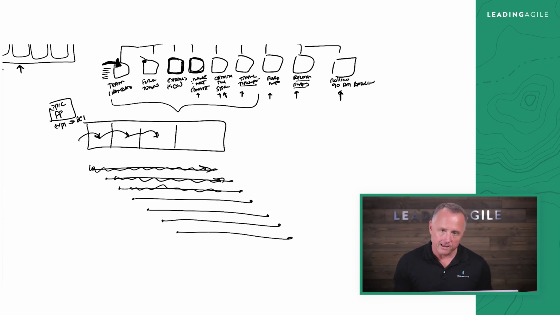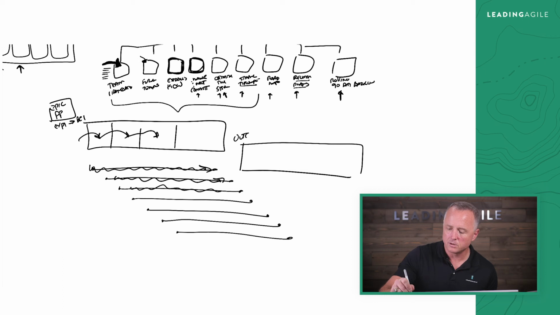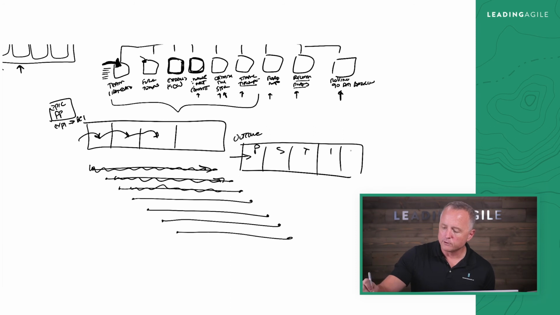And the challenge was that the reality is these outcomes are like a Kanban as well, right? So outcomes flow through. I'm going to reference our Pister model here.